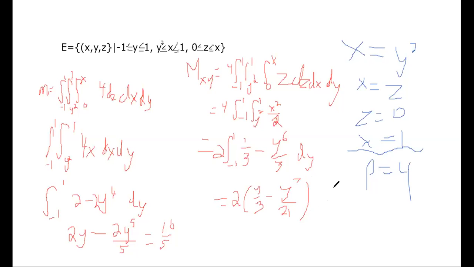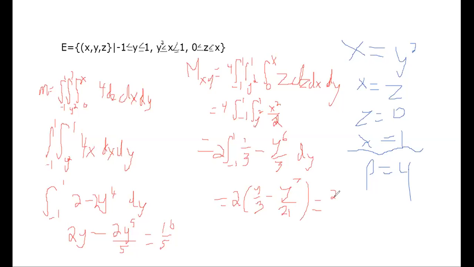And that's going to be 2/3 minus, excuse me, 2 over 21. So 2/3 minus 2 over 21 is the same thing as 12 over 21.